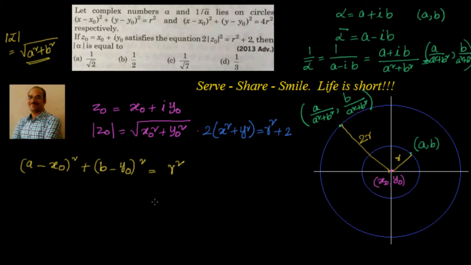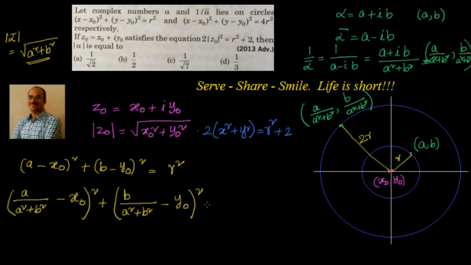This is our first condition. What is the second condition? Second condition will be (a by a square plus b square minus x naught) whole square plus (b by a square plus b square minus y naught) whole square is equal to 4r square. This is the other condition we have.